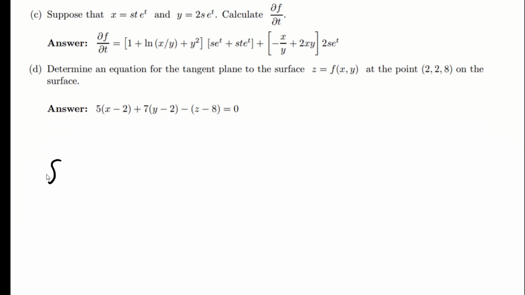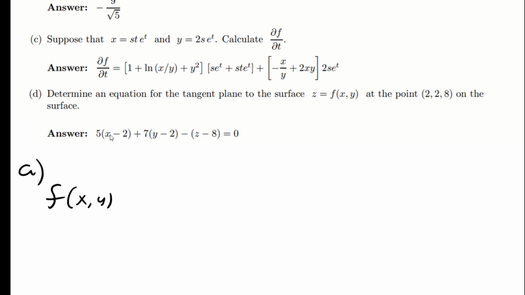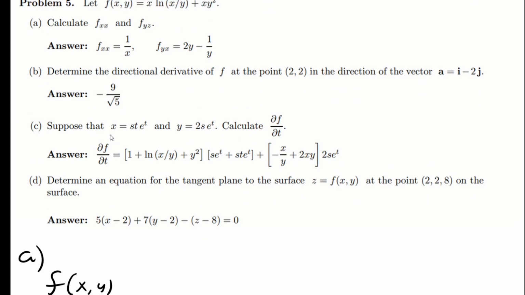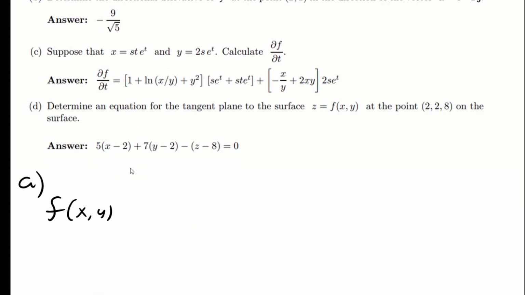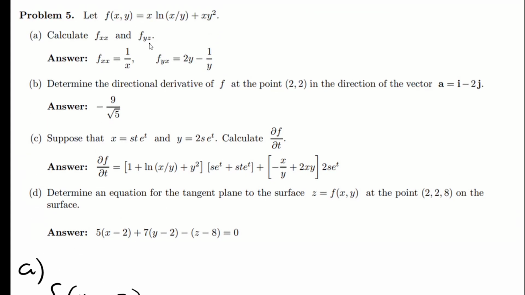So f of x, y, I'm going to assume it also means z, because otherwise it doesn't make sense to do the partial derivative with respect to z. Right, z needs to be a variable if I want to do the partial derivative with respect to it. It could also be a typo, it could also mean x, but we'll do it like this.